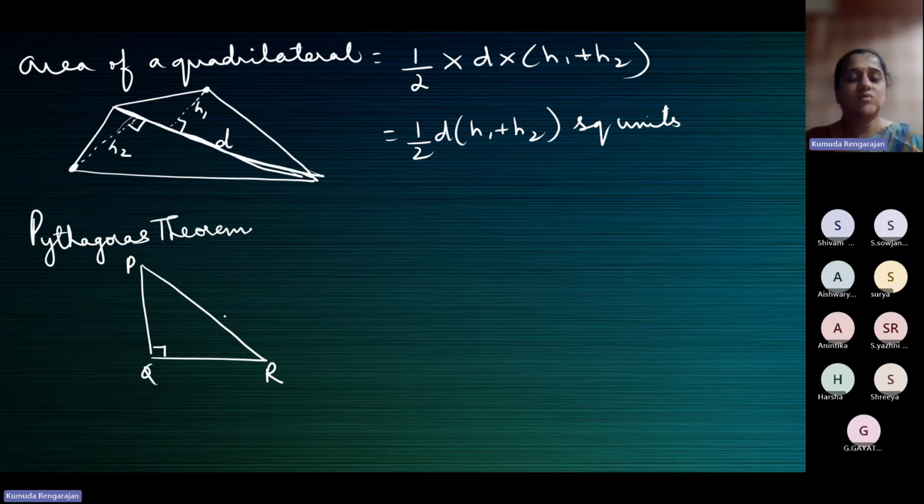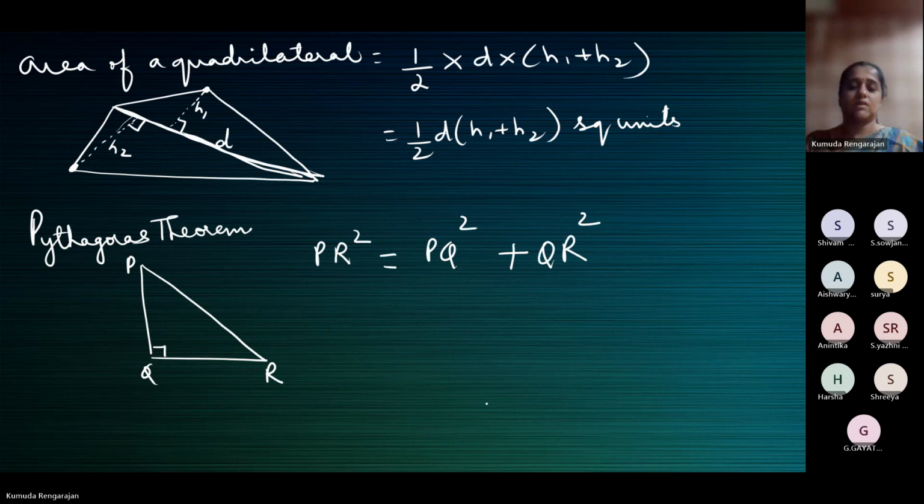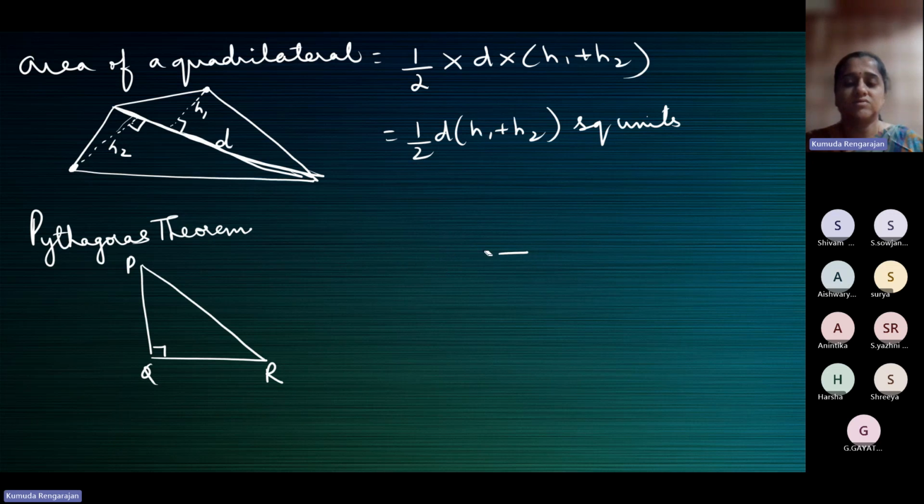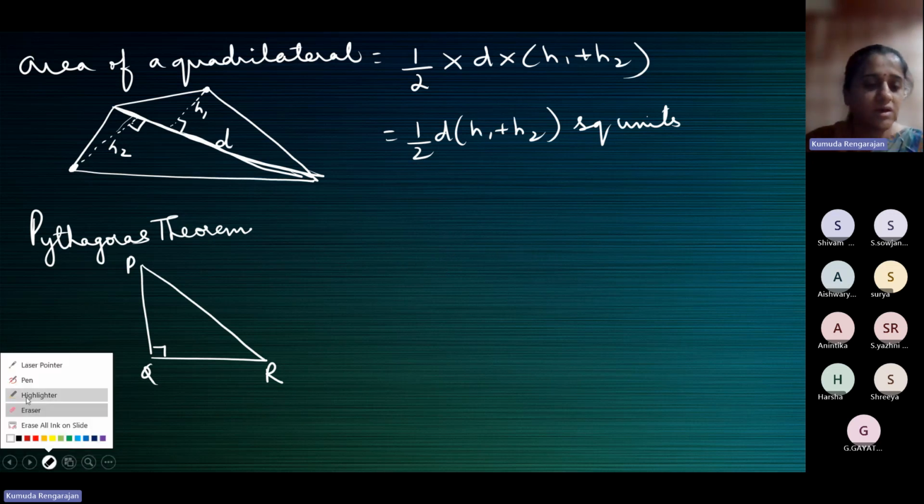So the square on the hypotenuse is equal to the sum of the squares of the other two sides. That's how the statement of Pythagoras theorem goes.